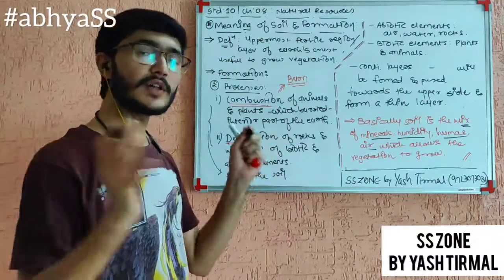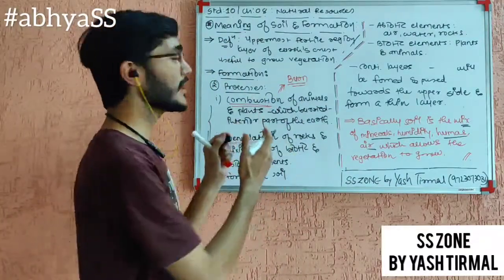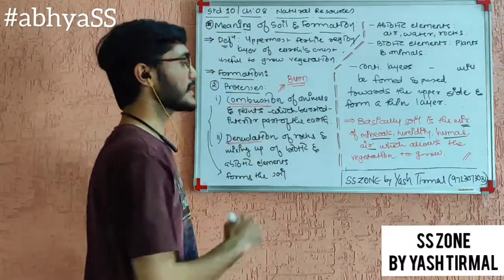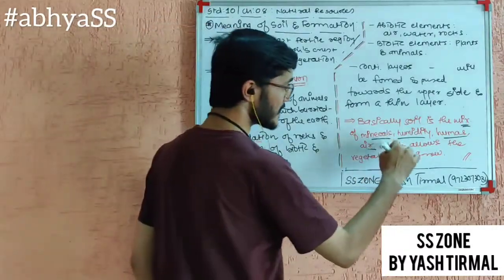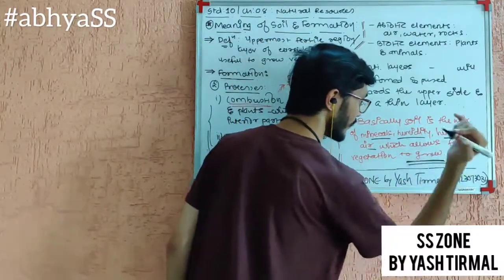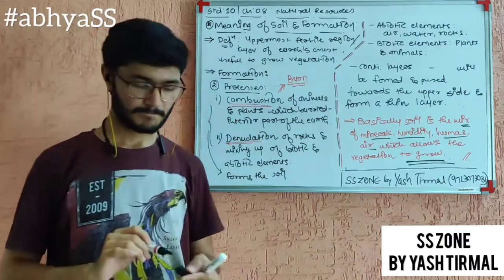The mixture of all these things allows the soil to gain a characteristic called fertility, and due to this fertility, the mixture allows the vegetation to grow from the soil.